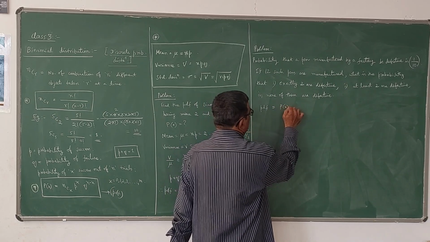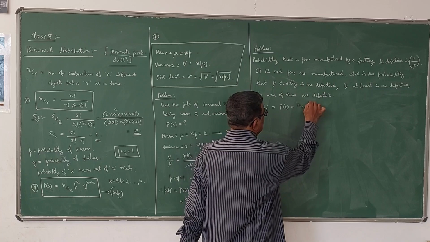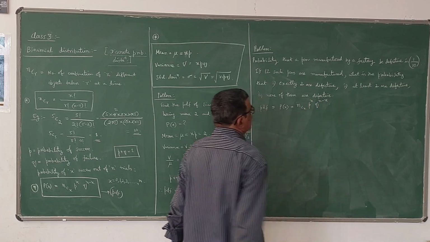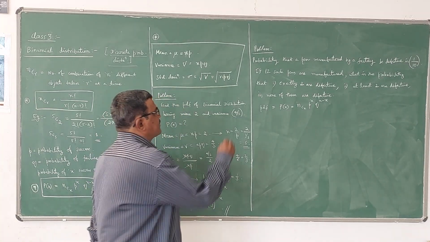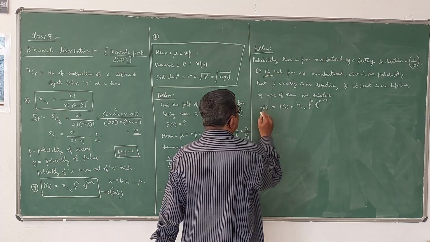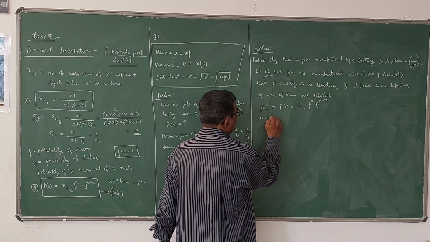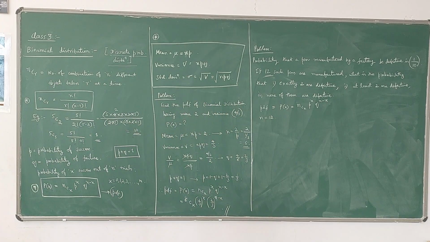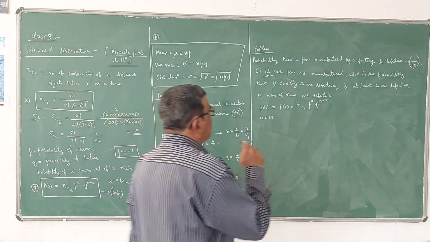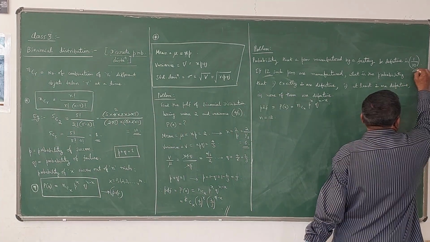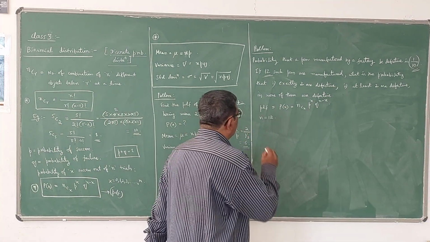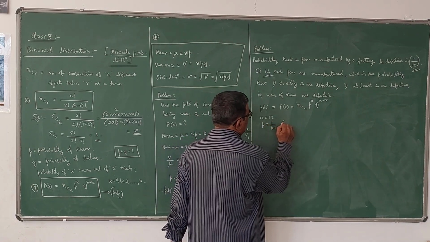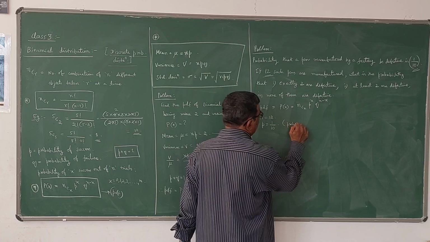P(x) is equal to nCx into p^x into q^(n-x). Here n is 12. Please note that n is 12. The number of pens manufactured is 12. And the probability of defective is 1 by 10, that means p is 1 by 10. This is the probability of a defective pen.